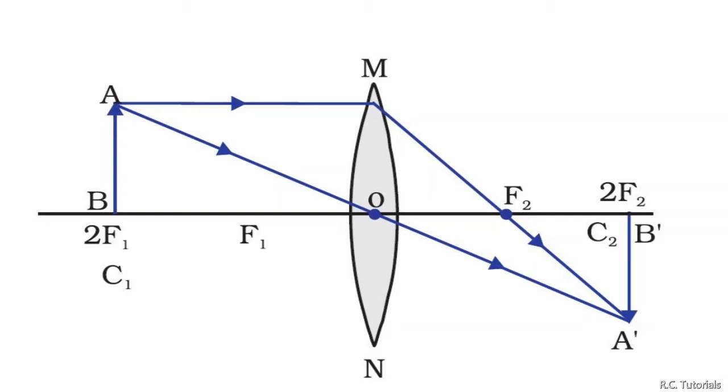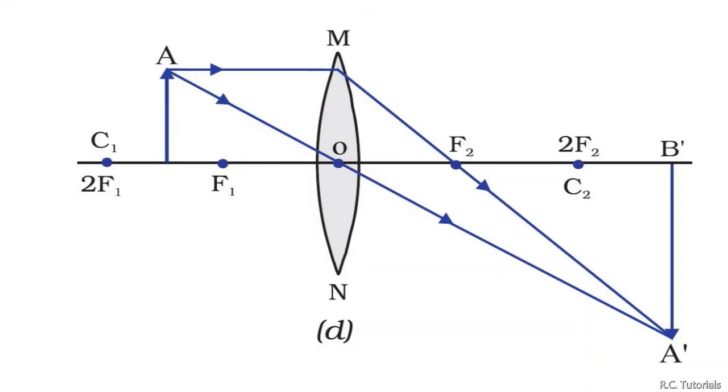The point of intersection of the two lines gives the position of the image. So we see that when the object remains at the center of curvature, the image will also form at the center of curvature on the other side of the lens. The nature of the image will be real and inverted, and the size will be the same as the object.